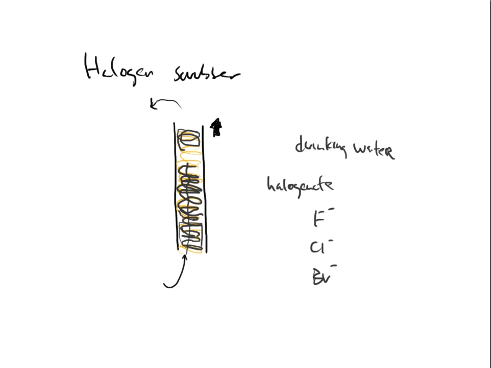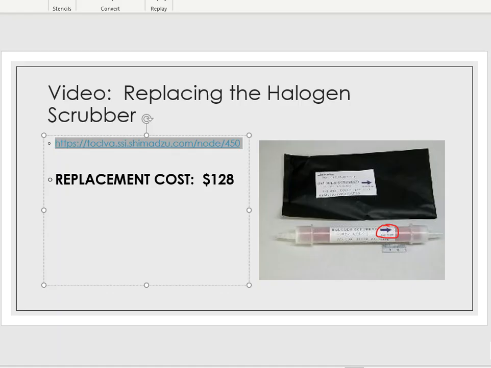So those types of materials will probably eat the halogen scrubber a little bit faster and a little bit quicker than some of the environmental samples that we might see. But again, it just really depends on what you're running in a lab. But you'll know what you need to know by looking for the dark, tarnished areas. Okay? All right, so that's the story with the halogen scrubber, and I'm sticking to it.